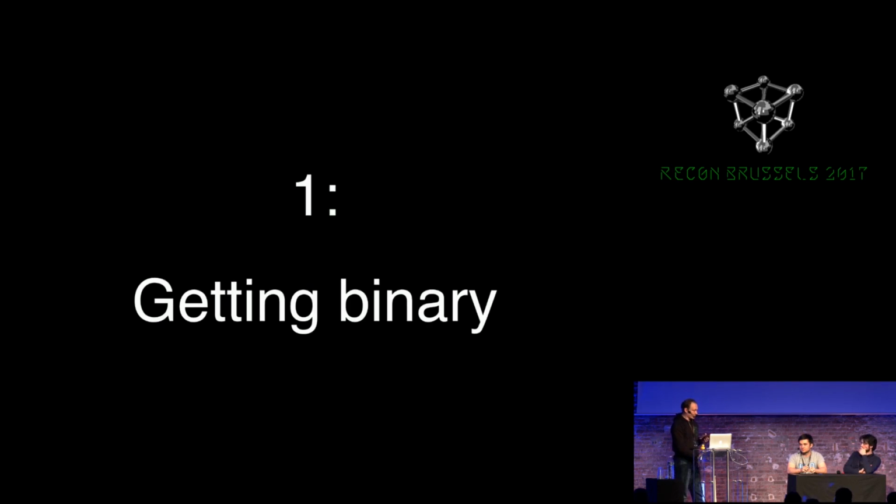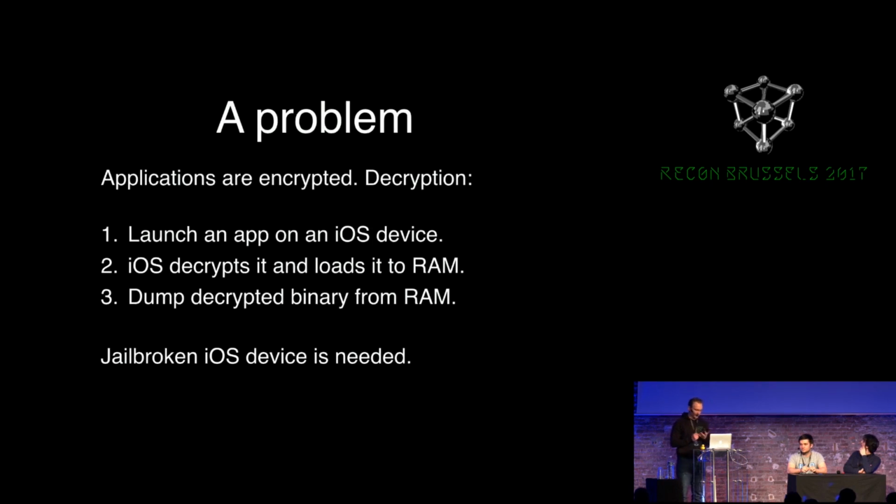Okay, and the first part is how to get a binary. Getting an application binary is not as trivial as it may seem, because all iOS apps are distributed through Apple AppStore only, and the binaries in the App Store are encrypted. Moreover, the only known way to decrypt an App Store application binary is to start the application on an iOS device, let the device's processor decrypt it and load it into memory, and then dump that decrypted binary from memory.